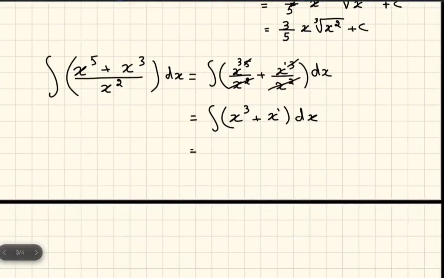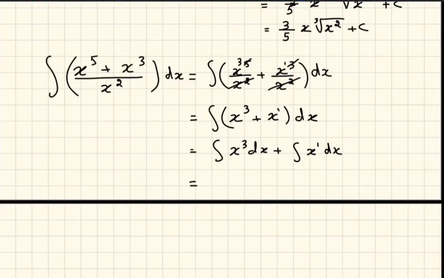Now I apply the rule. So x cubed alone, here either you decide to write more steps, but it's a waste of time. No need for this step, you can think about it mentally.